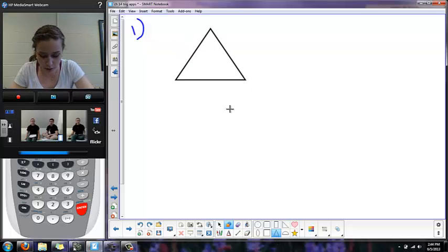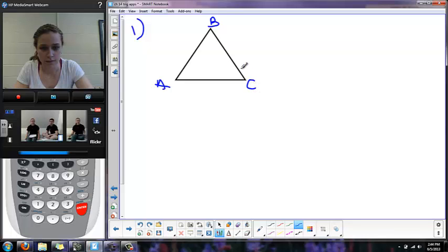Okay, so how many different triangles can be constructed given the parts? The measure of angle C is 45 degrees. So I have A, B, C. This is 45 degrees. The little c is 6, and the side length B is 9.